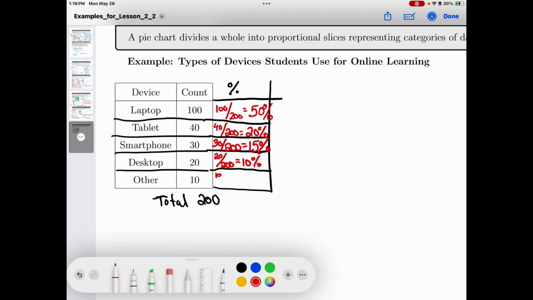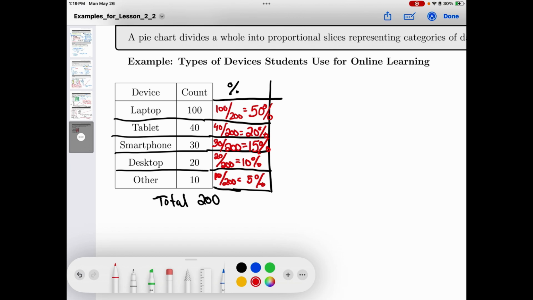And then left in the other category, we have 10 out of 100, or sorry, 10 out of 200. Let me fix that. 10 out of 200, that's going to give us 5%.